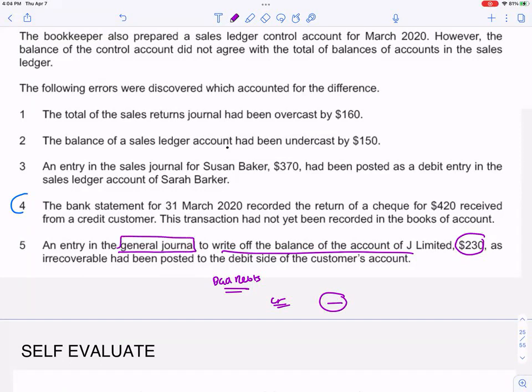This was where? General journal. So there was an entry in the general journal to write off balance of J Limited, 230, as irrecoverable debts, which had been posted to the debit side of customer account. Can you tell me where did I do something wrong? I have posted bad debts on the debit side of customer account.